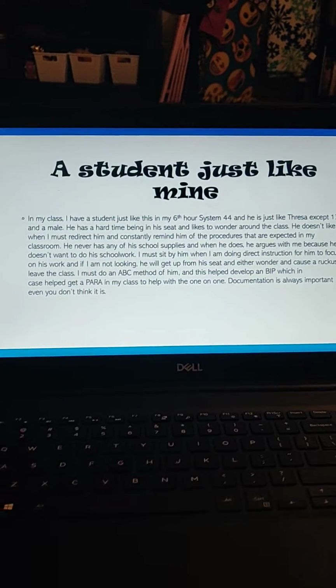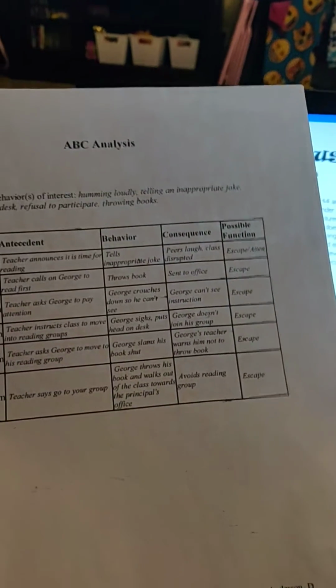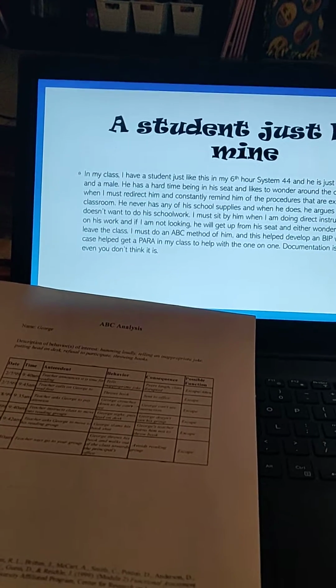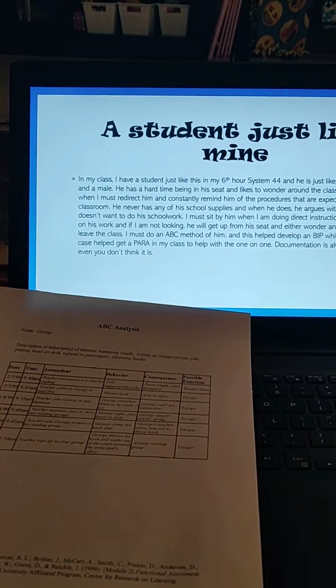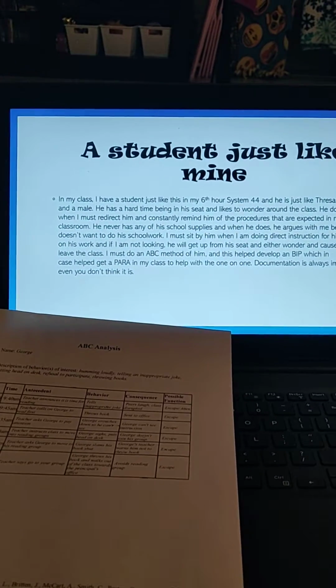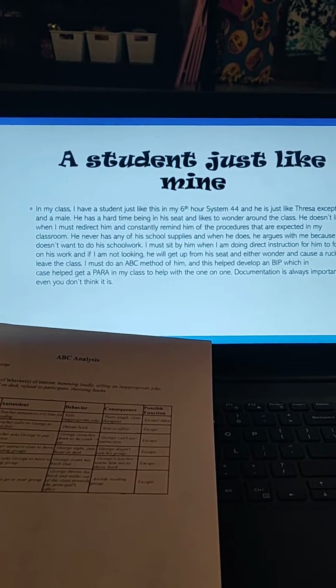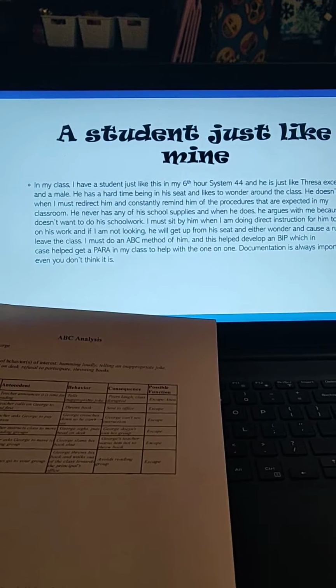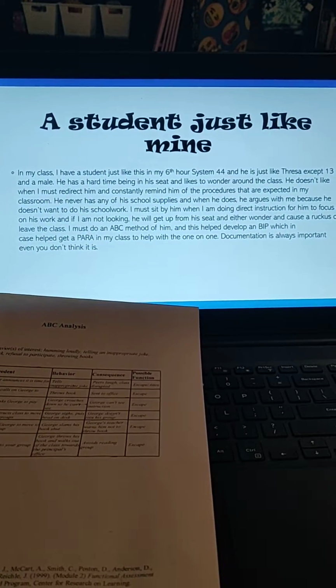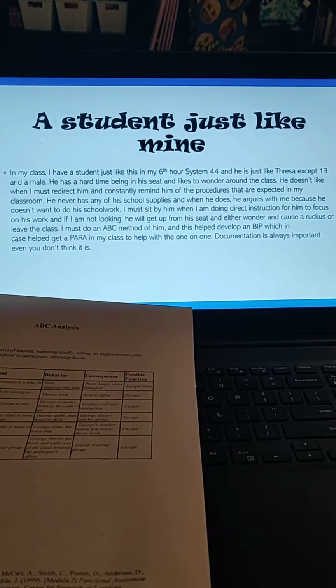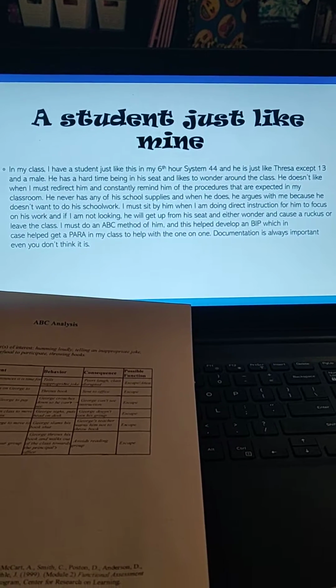So I feel like had we not had an ABC analysis just like this with consequences, possible functions, had we not had students just like this, had we not had dates written down, a time when the behavior began, making sure, and I know it's easier in elementary school than it is in middle school, that you know when the behavior stops.